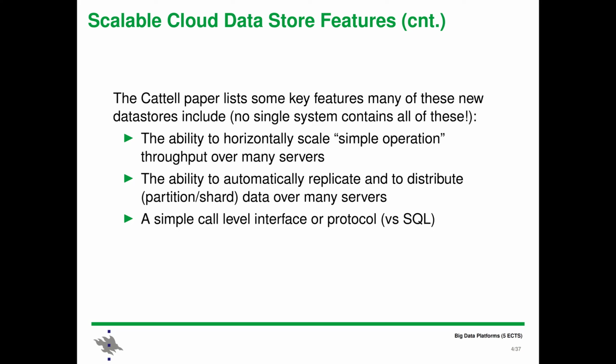The second property that many of these systems have is the ability to automatically replicate and distribute data over many servers. When you have a lot of servers, those servers will have a lot of hard disks, and because of that, you will also have a lot of broken hard disks. If you have a large number of servers, you will also have broken servers in your database cluster.